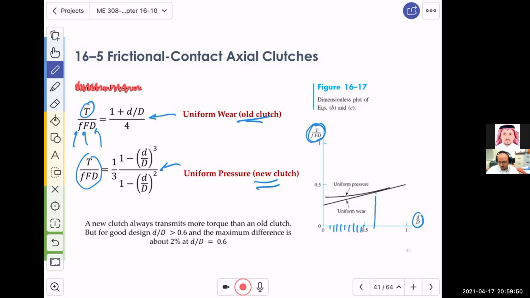So what is the story over here? It says that if you make a clutch such that the ratio of the inner diameter with respect to the bigger diameter is greater than 0.6, then the difference between a new and an old clutch in torque transmission capability becomes less.